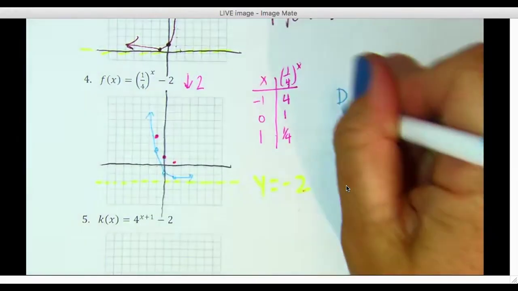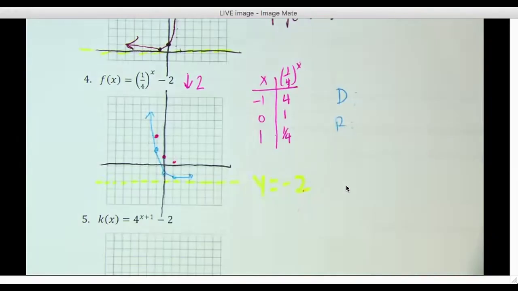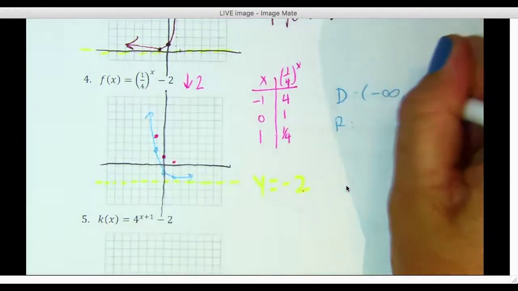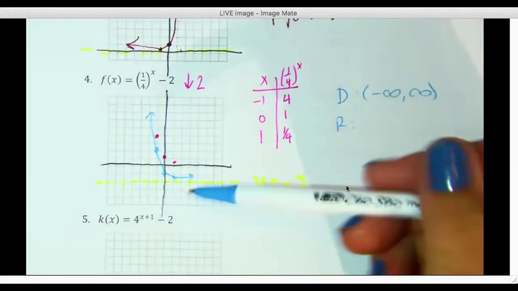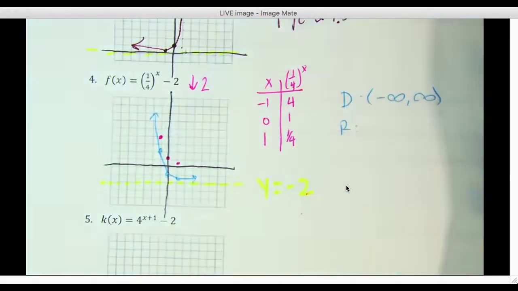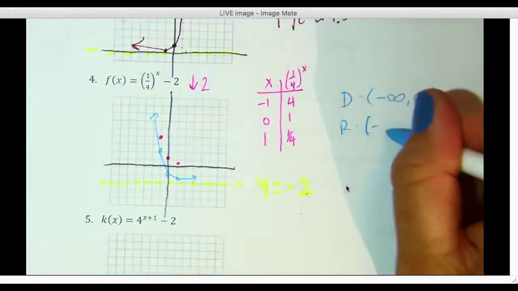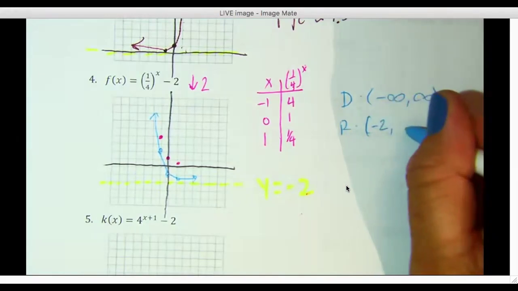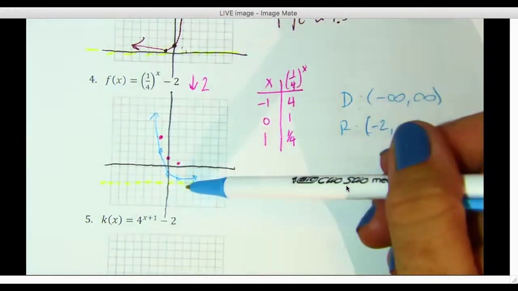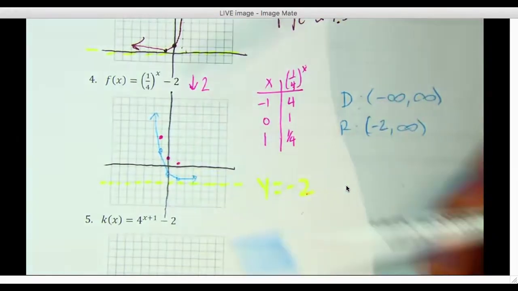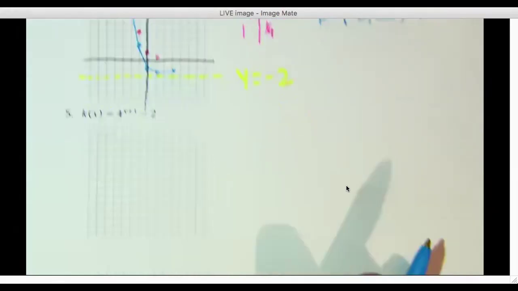So my domain for that graph is still -infinity to +infinity, but my range now goes from -2 to infinity, still a parenthesis on the -2, because it doesn't actually equal -2. It doesn't touch -2, but it gets really, really close to it.